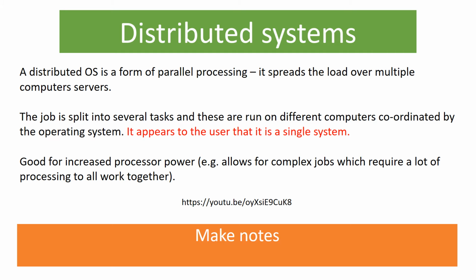It increases your power for very complex jobs, which mean that you need a lot of processing to actually get that job completed. NASA uses distributed operating systems. When they were mapping the stars, they recruited a series of volunteers who would leave their computers on at night, and the processors would process a tiny part of the map so they could create a map of the stars.